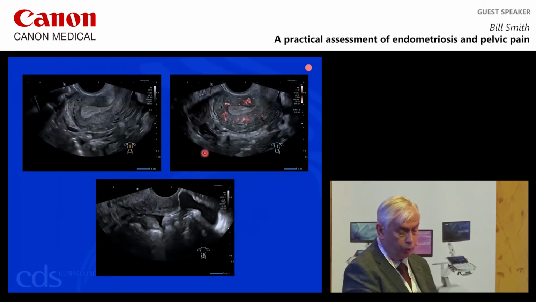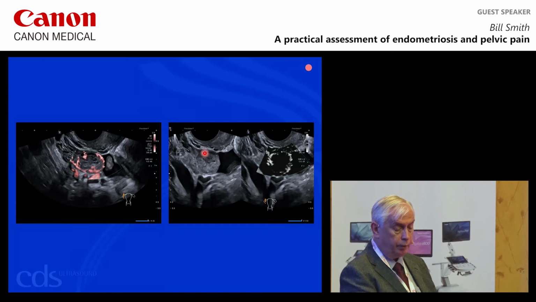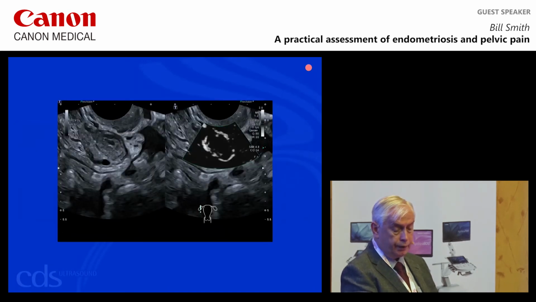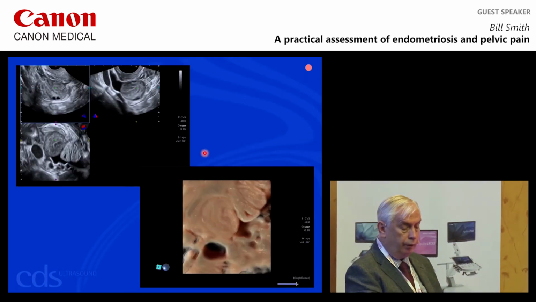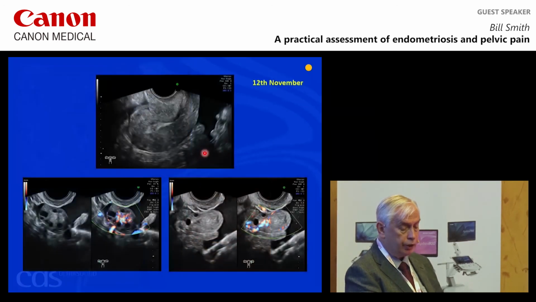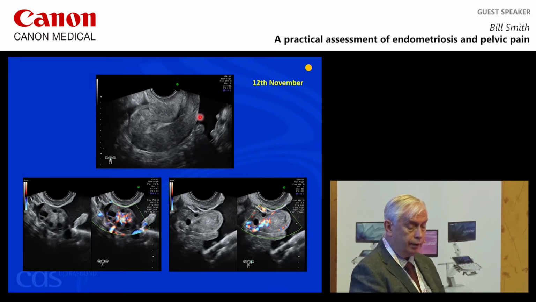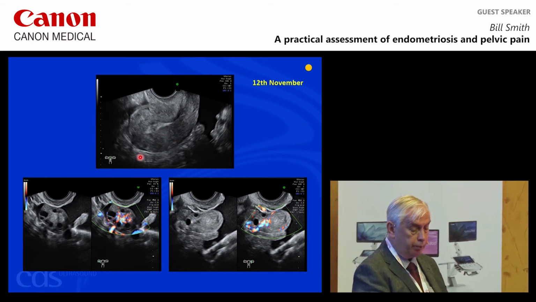Just one more case that I would show you before we finish is that we're also very dismissive of retrograde menstruation, and we see this very, very often. If we look at this case here, that's a partially shed endometrium. You see bucketfuls of fluid there, very highly vascular functional ovarian stroma.